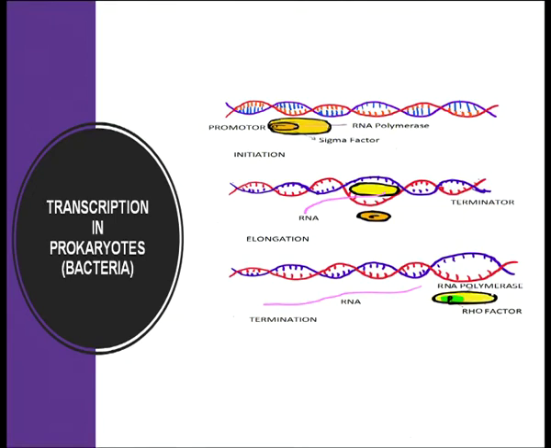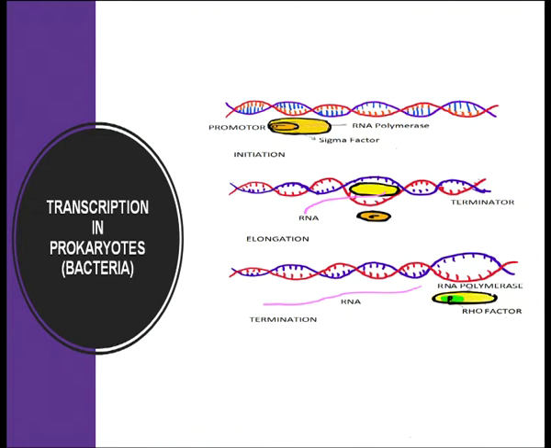As I told you, there are 2 steps for protein synthesis. First is transcription and next is translation. What happens in transcription? This is a slide which tells us how transcription takes place in prokaryotes or bacteria. There is an enzyme RNA polymerase that goes and binds to the promoter site on the DNA.